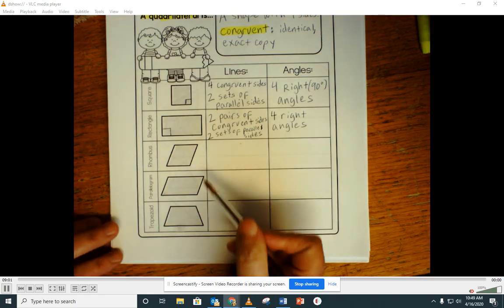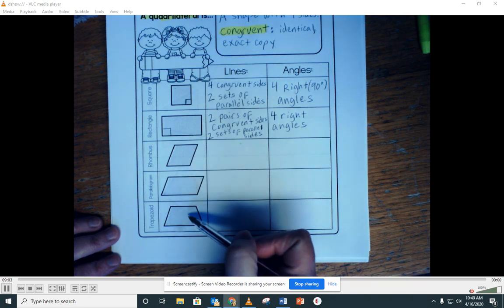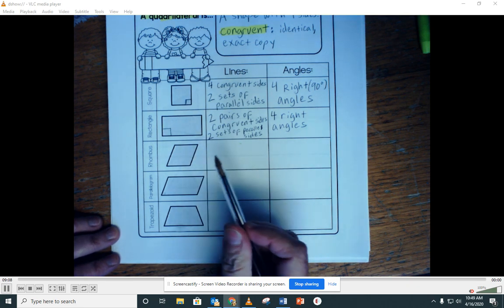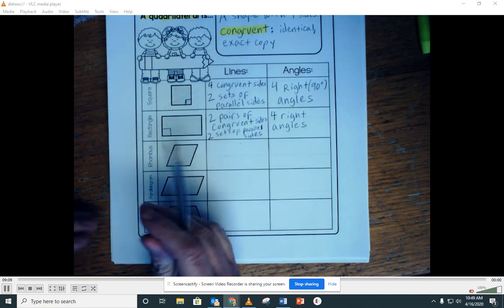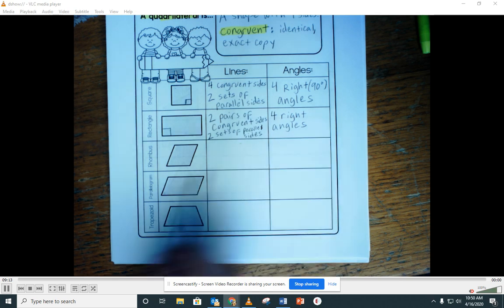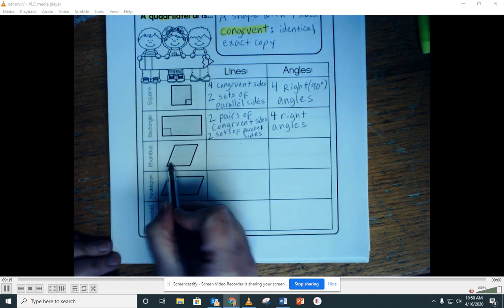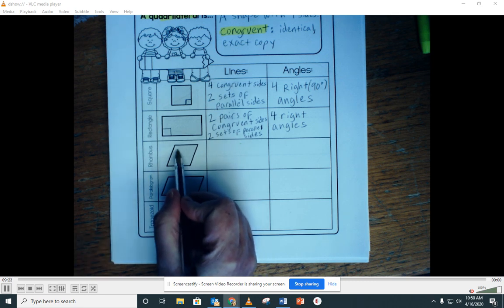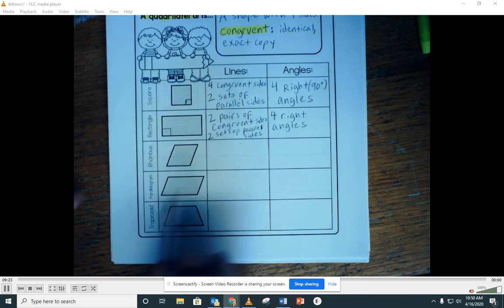As we continue, you see that we don't have any more right angles. These other shapes are like if you've taken a square and tilted it or stretched it, and now we have acute angles and obtuse angles. Our next shape is called a rhombus.